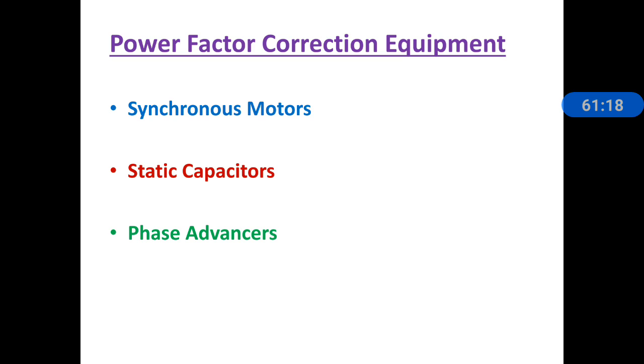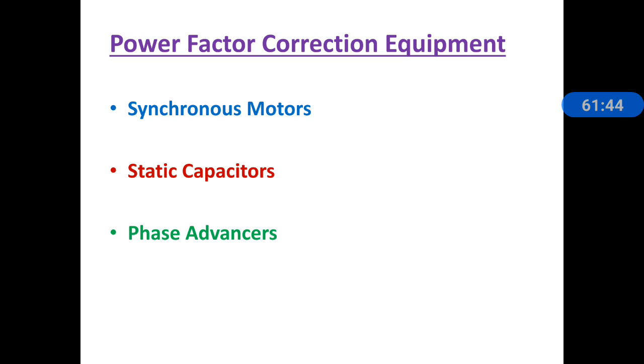The DC supply is called the exciter. Under over-excitation condition, the synchronous motor behaves in a leading condition, so it cancels the lagging current. So the power factor is increased in the system.